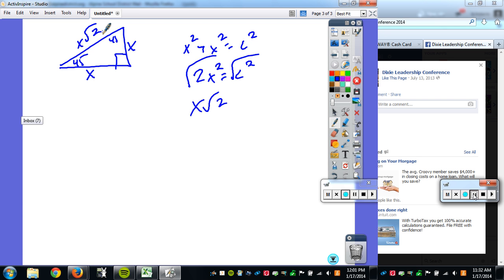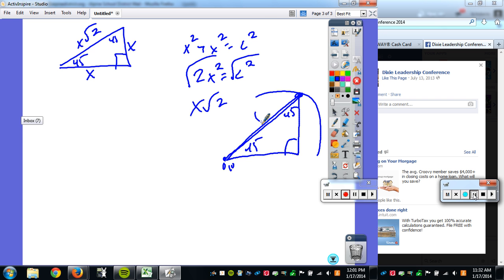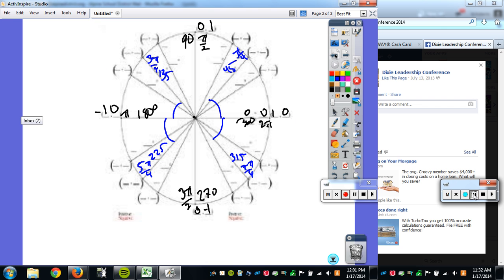Okay, with that, here is our triangle on the unit circle. What's this distance right here? Remember what this was on the circle. This right here is (0, 0). This is 1, because our radius is 1, right? The radius from here to here is 1, because that's a radius.